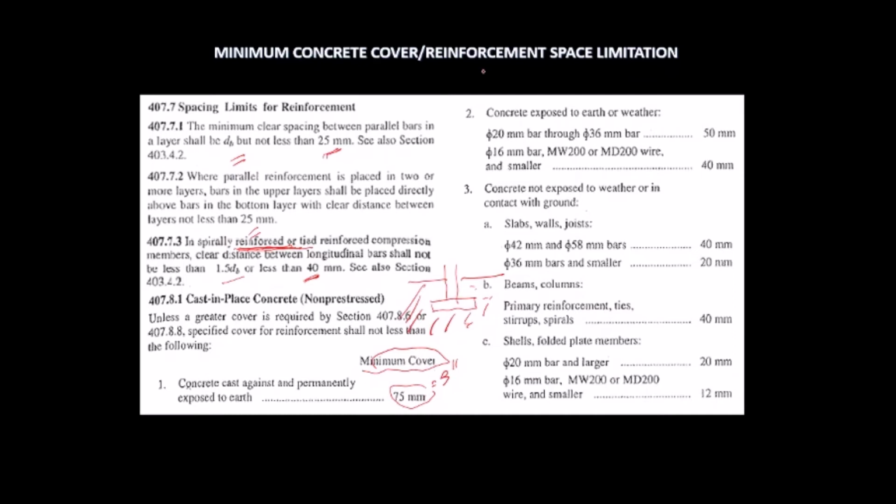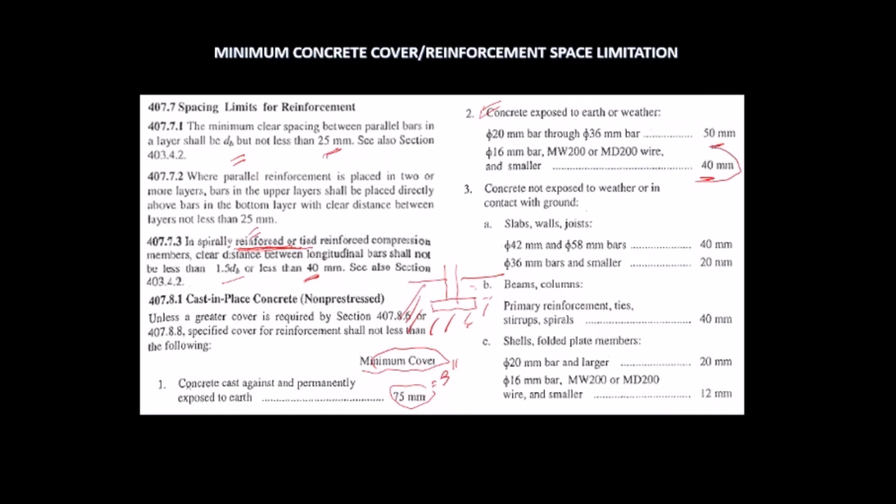So, concrete exposed to earth or weather, ito, yung mga beams na talaga ito nasa labas. So, for mga bar from 20 mm to 36 mm, 50, and 16 and below, 40.